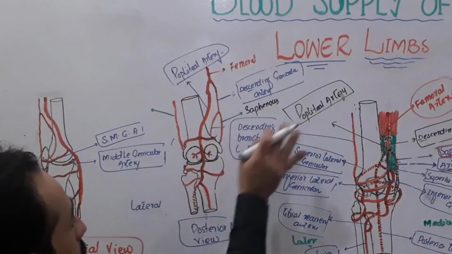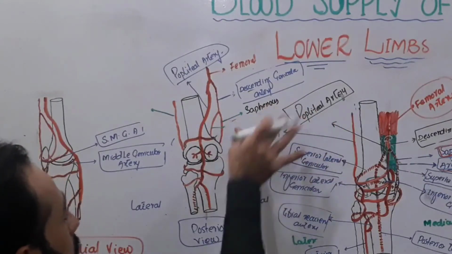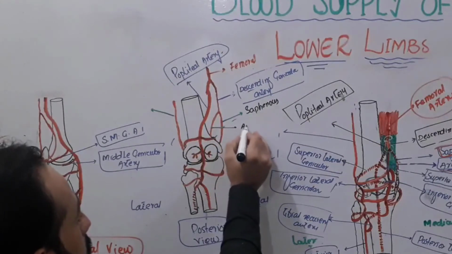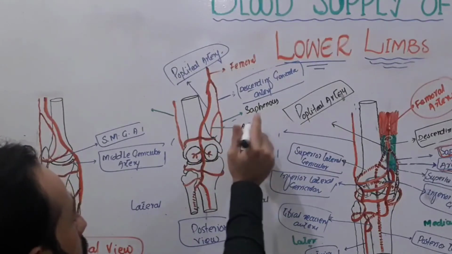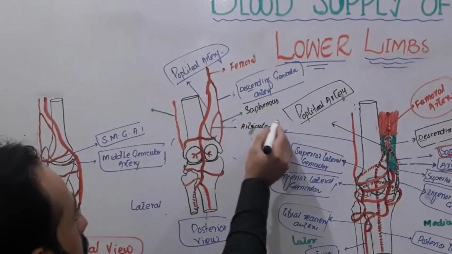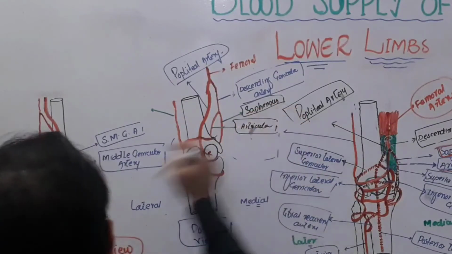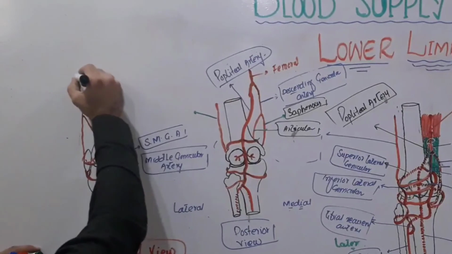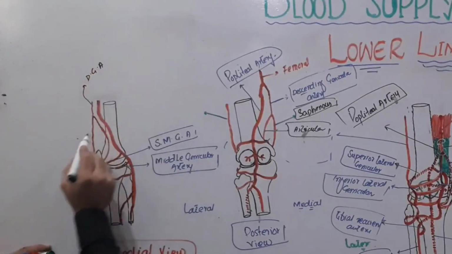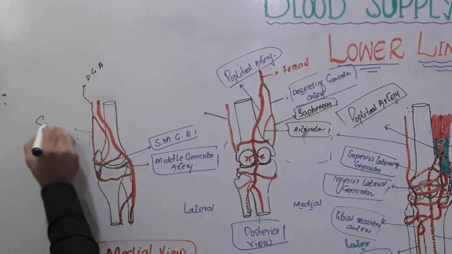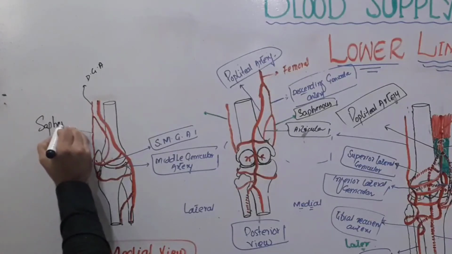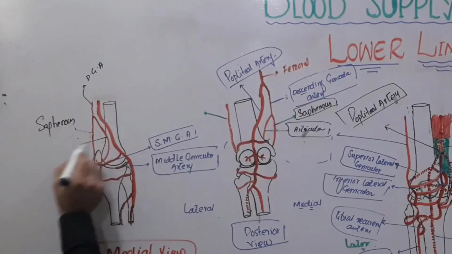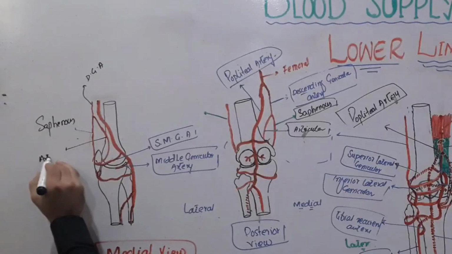And this will be its articular branch. Clear? And here you can also see that. This is our descending genicular artery, this is its saphenous branch, and this is its articular branch.